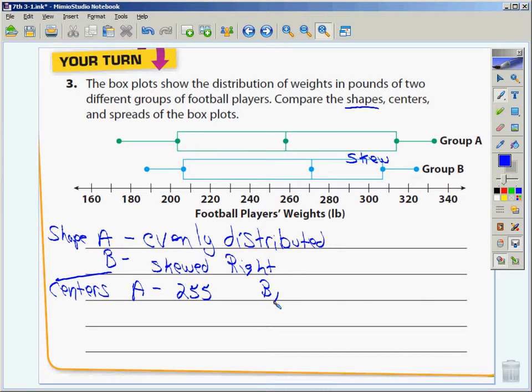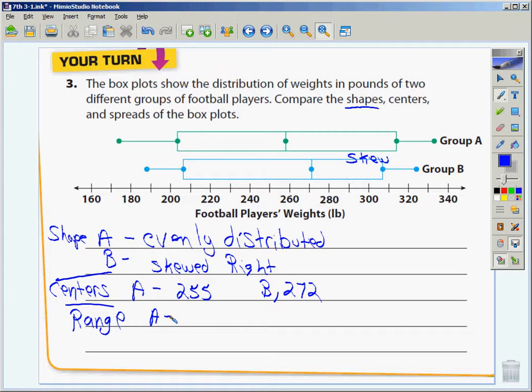What is it, about 272? It's a little above 270. And by the way, if you had 271, 272, 273, it's somewhere in that ballpark.